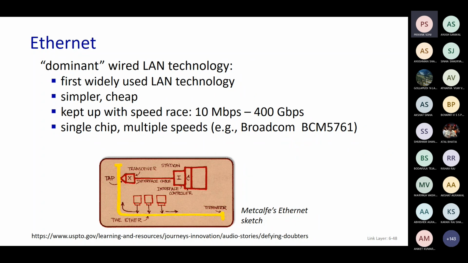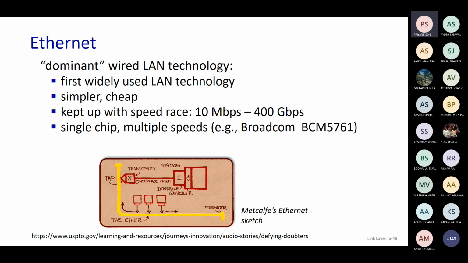You use it in your hostel rooms, in your house. Mostly it is used in buildings. For a single building, if you want connectivity, you can simply have a very small local area network, and then you can have a good connection. So this is known as the LAN technology.